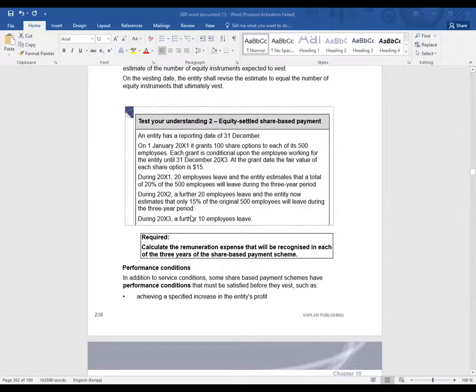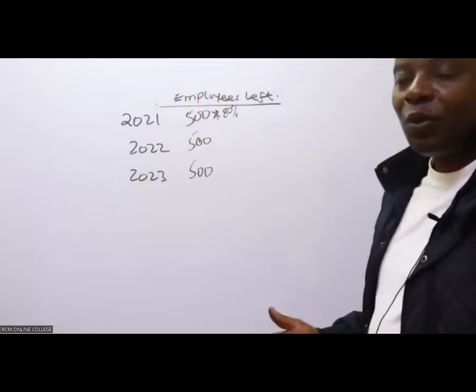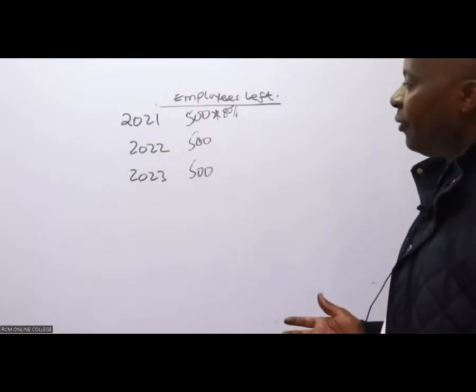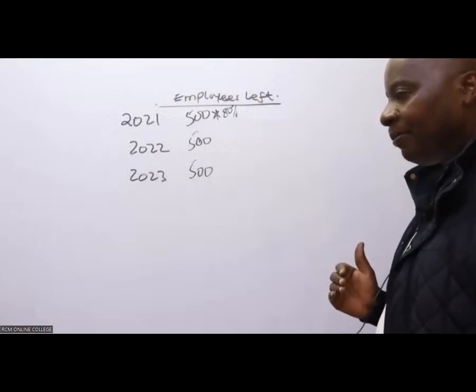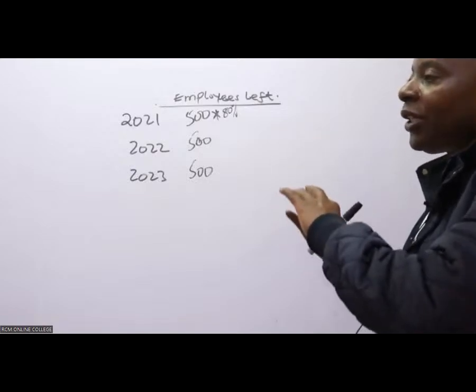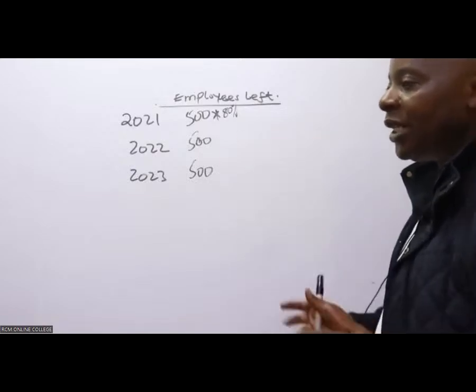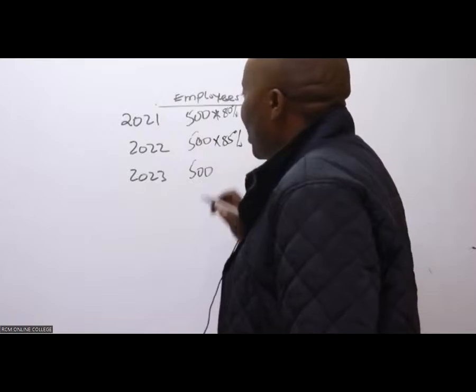So if 15% is leaving, what percentage will be left with us in the company? Remember, it is 15% over the 3 years. So 85% will be left with us.